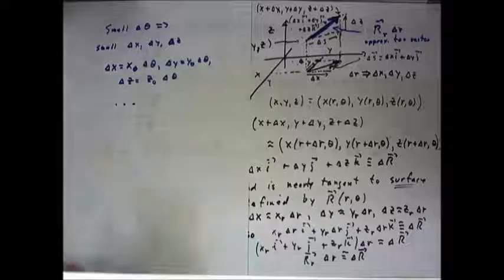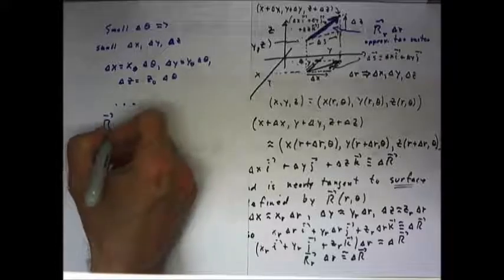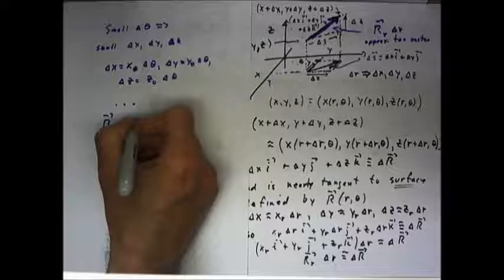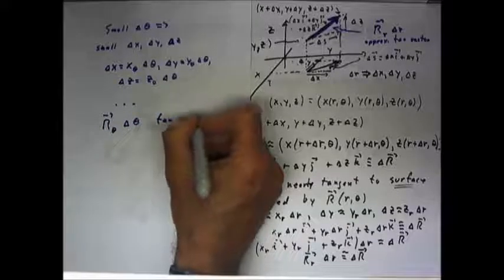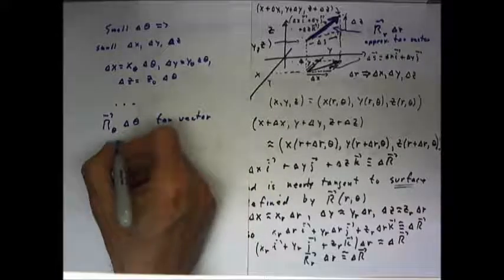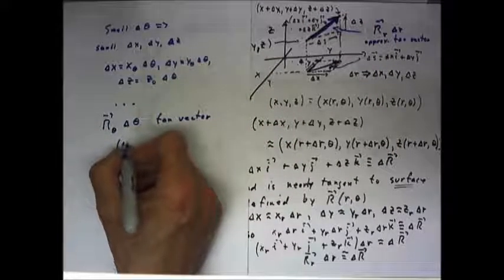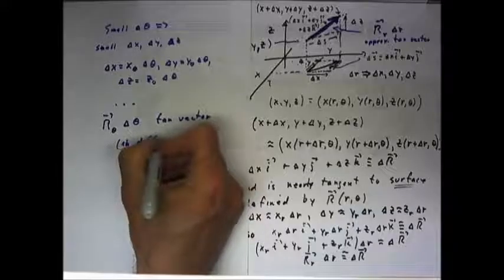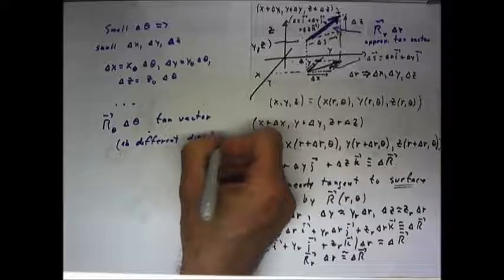And I'm going to leave some dots here, with the dots parallel to what we say over here, which tells us that r sub theta delta theta is a tangent vector. And there's no reason to assume that this is going to be in the same direction as this. As a matter of fact, we can see that with certain assumptions, this direction is different.